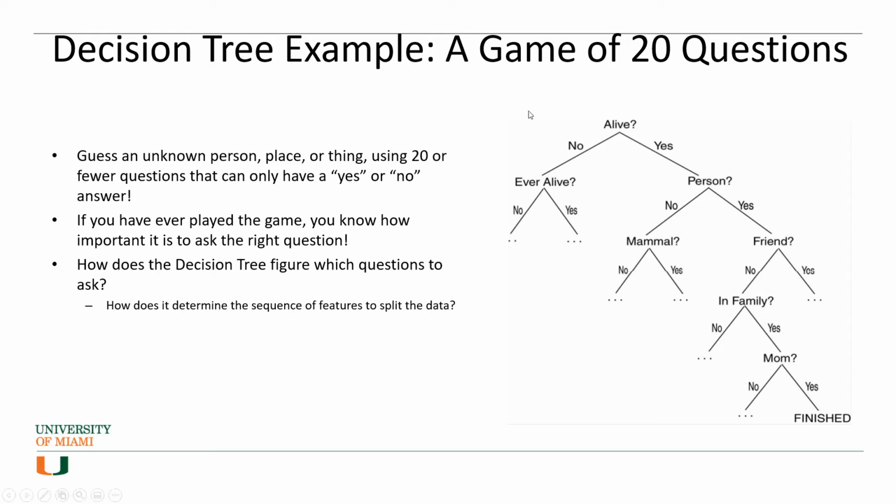So on the right-hand side of the screen, I've created a decision tree that represents a simple game of 20 questions. You start with, say, a question: you're asking whether this thing that you're thinking about is alive or not. Suppose they say yes, it is alive. Then you ask, is this a person or an animal or a thing or a place?